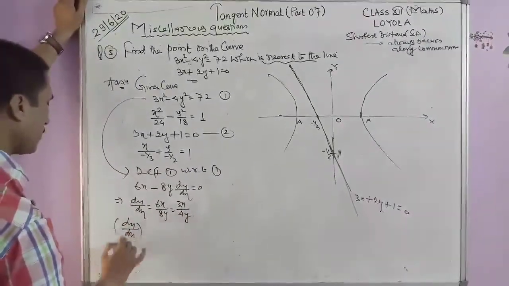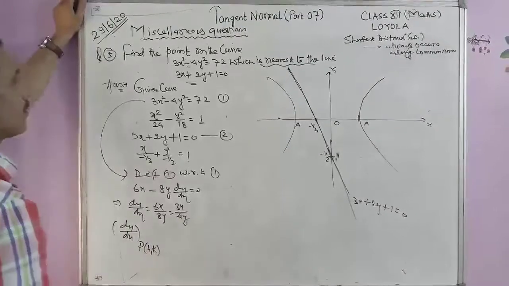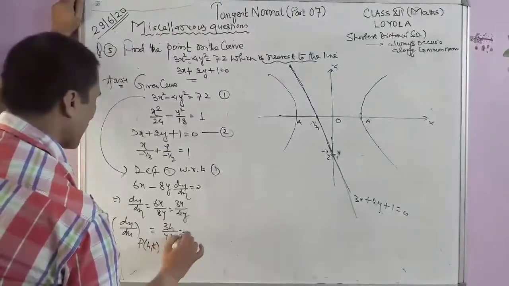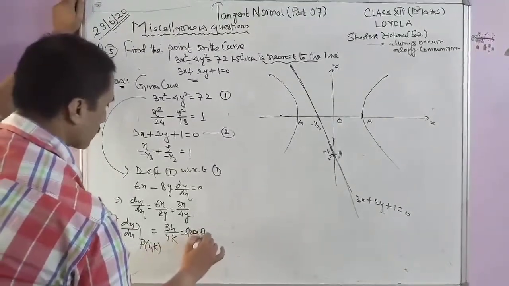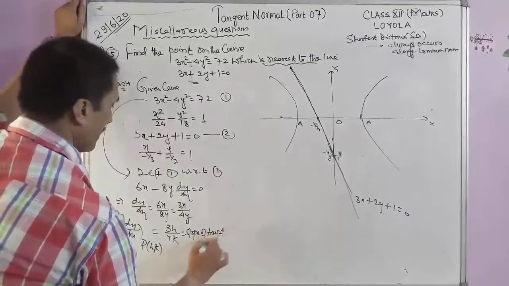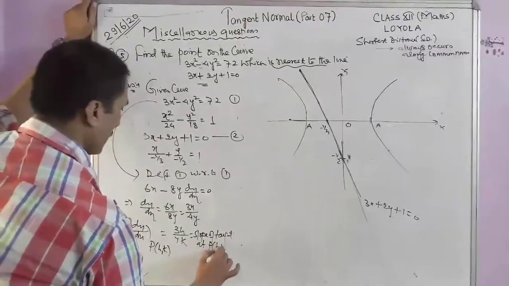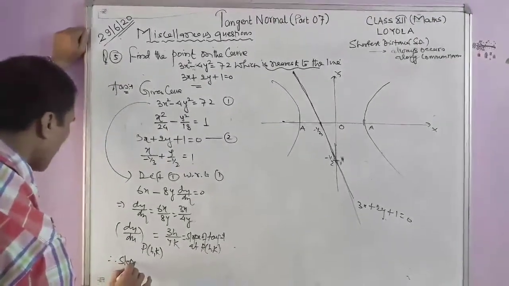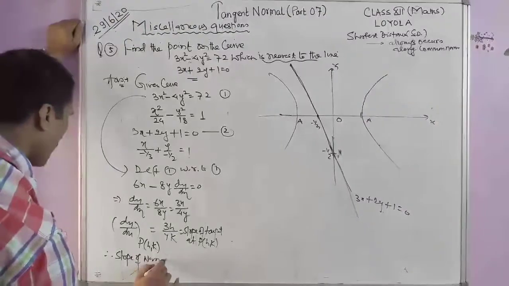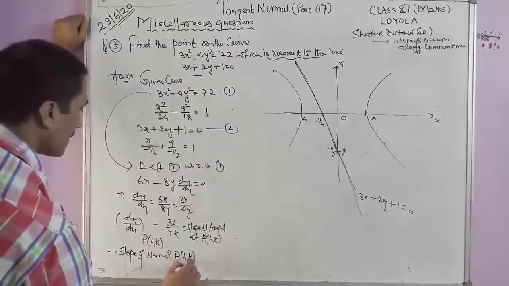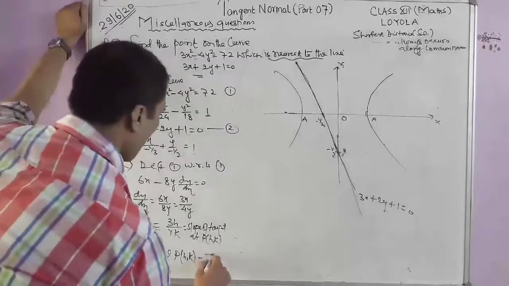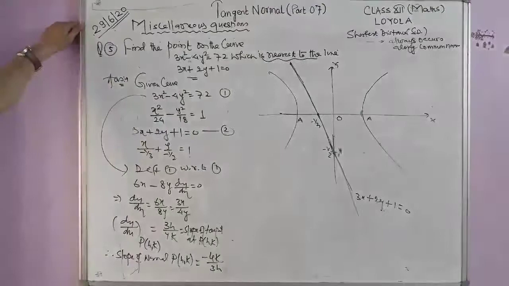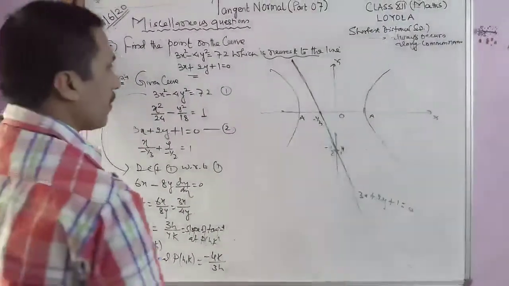If we take any point P(h, k) on the hyperbola, 3h by 4k is the slope of the tangent at P(h, k). Therefore, the slope of the normal at P(h, k) equals minus 4k upon 3h.